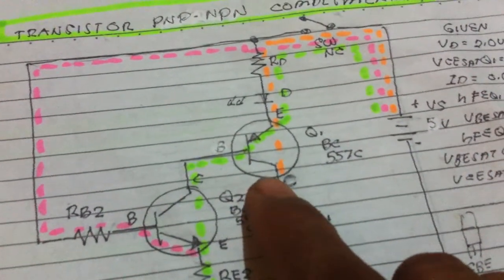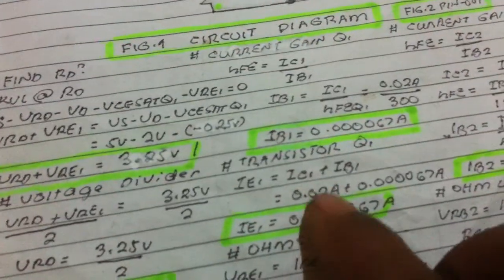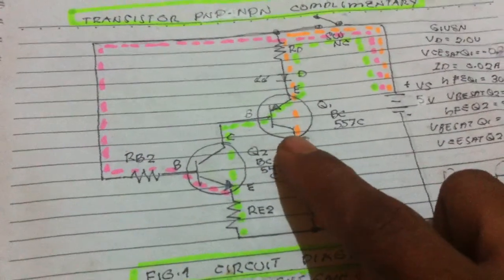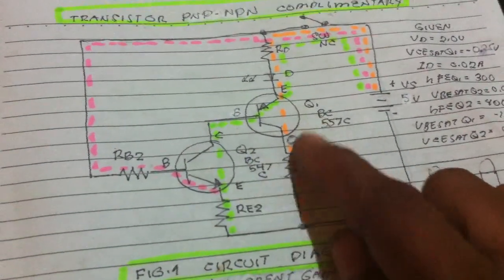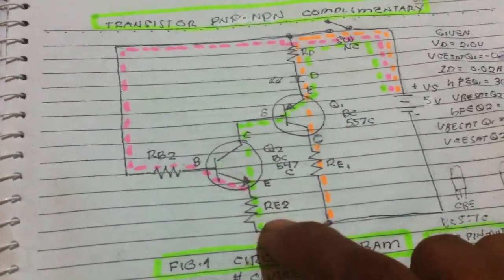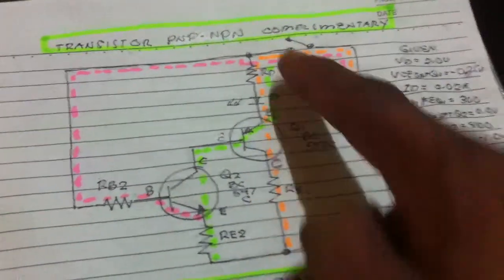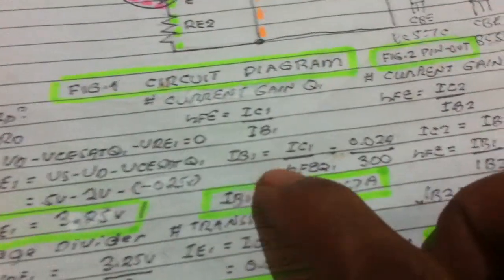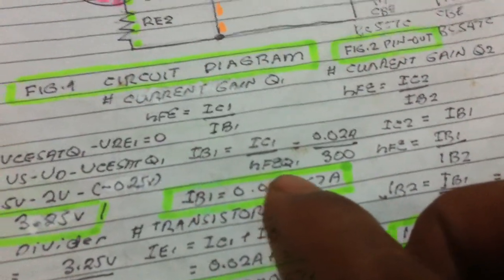I use the same formula as the NPN here, since PNP is almost the same as NPN. The difference is NPN is pulling the current, PNP is pushing the current. So I'm still using the same formula for current gain.